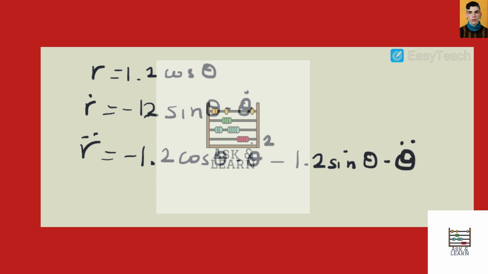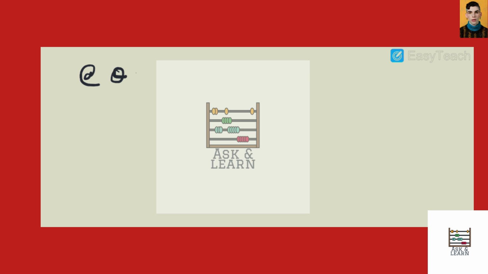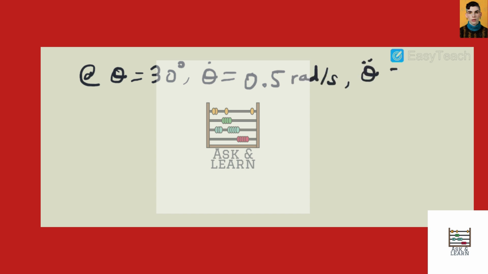At the instant of concern, theta equals 30 degrees, theta dot is equal to a constant of 0.5 radians per second, and theta double dot is equal to 0.